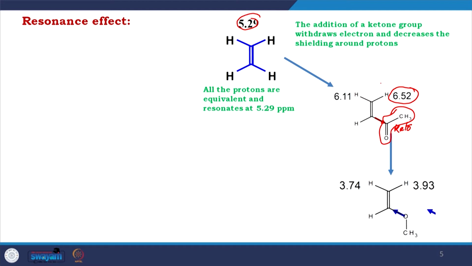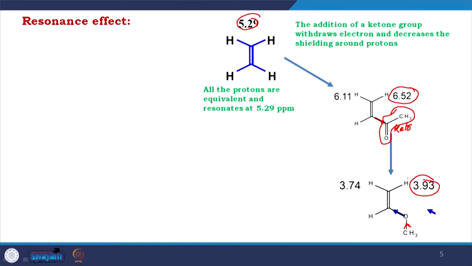Then you introduce an OCH3. For OCH3, the CH3 has a positive inductive effect, and it puts the effect towards electron pushing. Because of electron pushing, the electron cloud is enhanced, so there is more shielding.